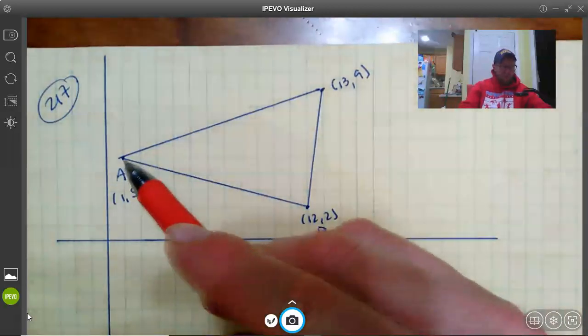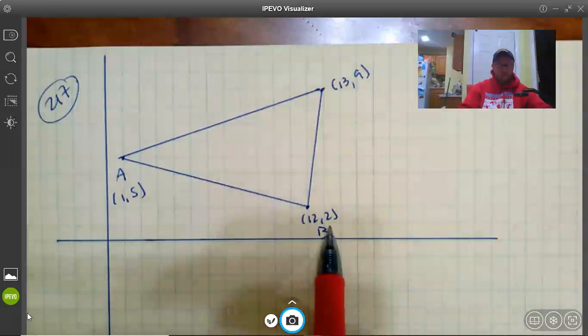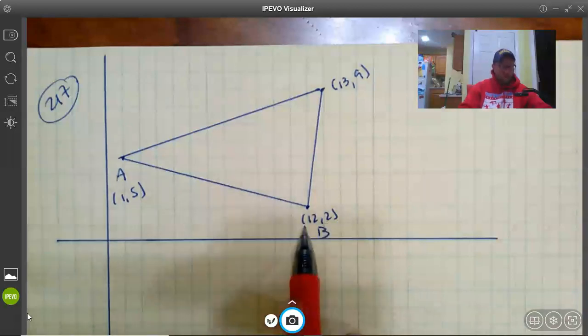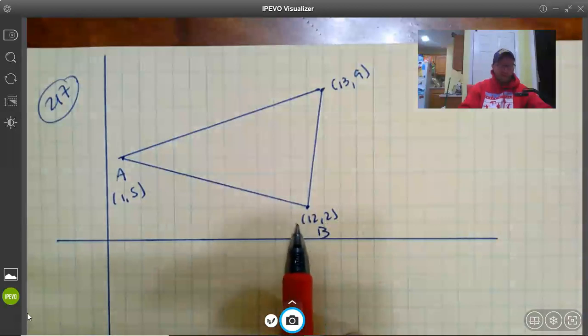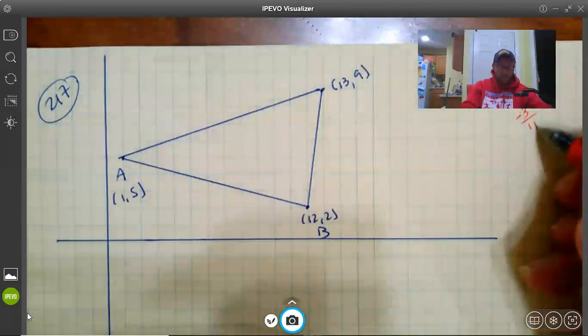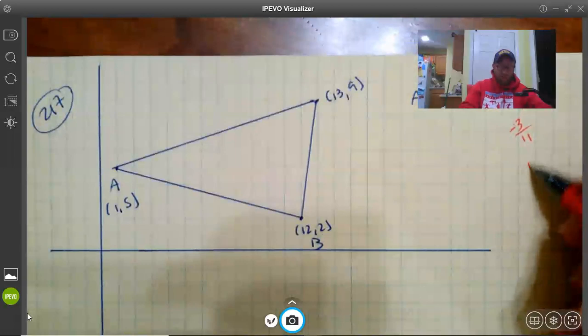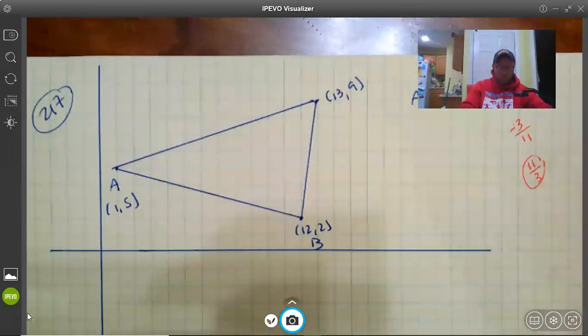The slope here from A to B, it goes from, let's see, 5 to 2, that's down 3, and 1 to 12 is forward 11. So down 3, I'll write this down, down 3, forward 11. So the negative reciprocal of that slope would be 11/3 positive, right? So up 11 over 3.